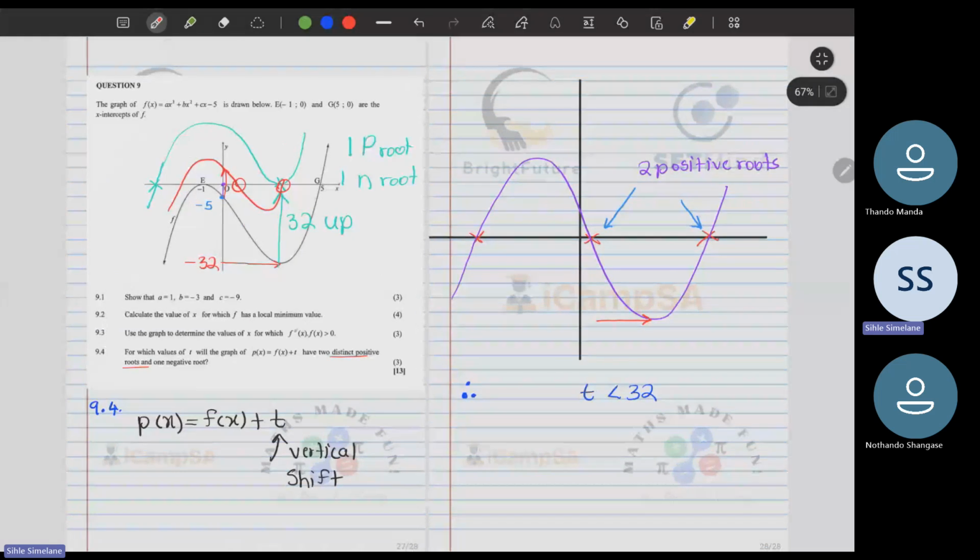So our t, while we are pushing, should be less than 32. It shouldn't be more than 32, but it should be bigger than 5. And this here becomes your answer. Do you guys understand what is happening?